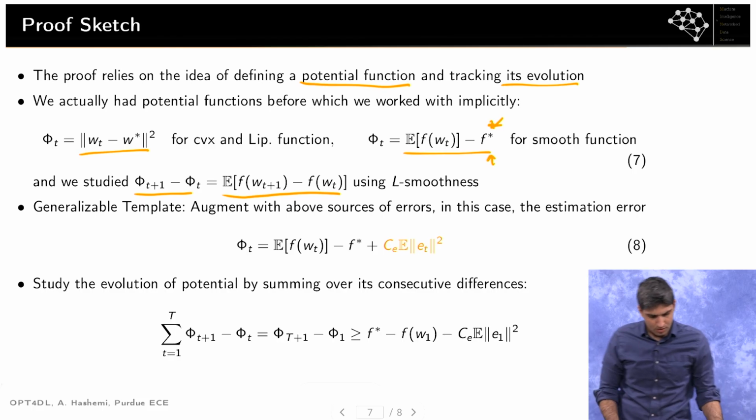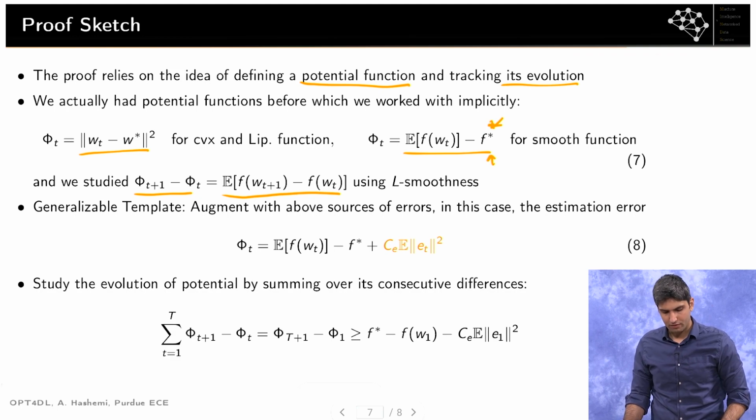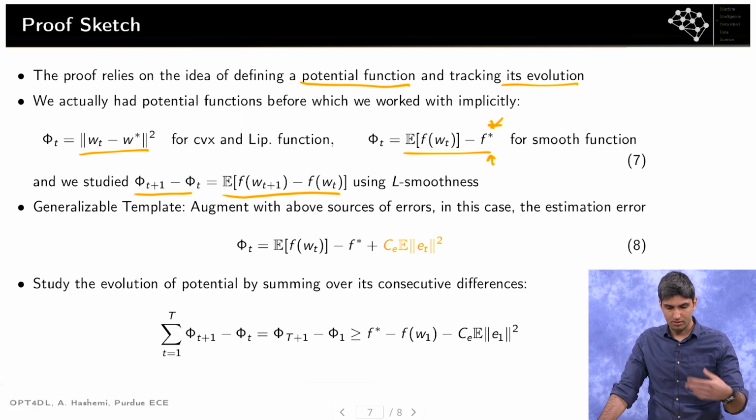Now here's a template that I would say is broadly applicable for more sophisticated settings or more sophisticated algorithms, such as SGD with momentum, where we are not only updating the parameter to find a solution, or reduce the loss value, but we are also performing gradient estimation, as we talked about previously.